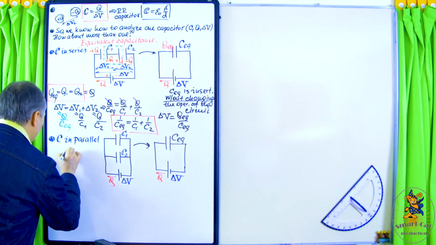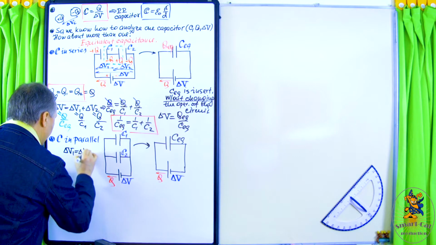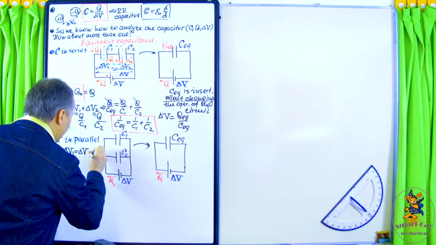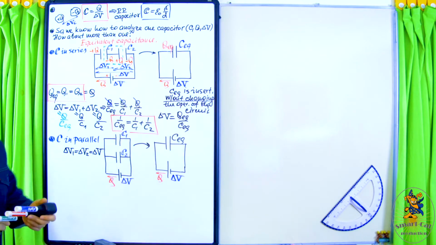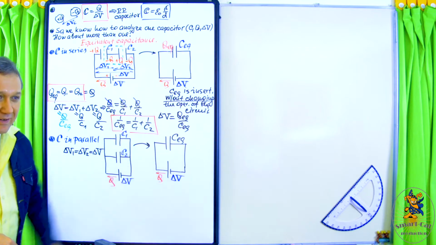I'm just trying to estimate the amount of space I might need. So delta V1 equals delta V2, and of course equals the potential difference across the battery. But now we need to add information about the equivalent capacitor.